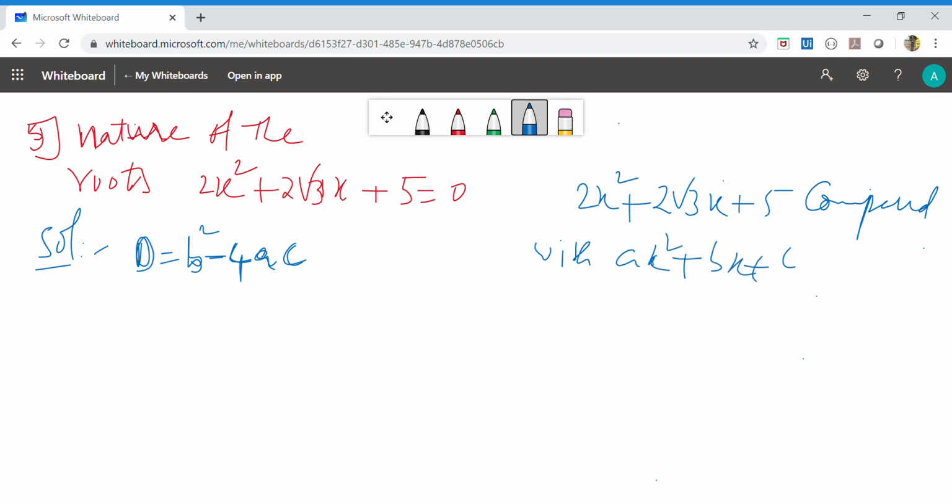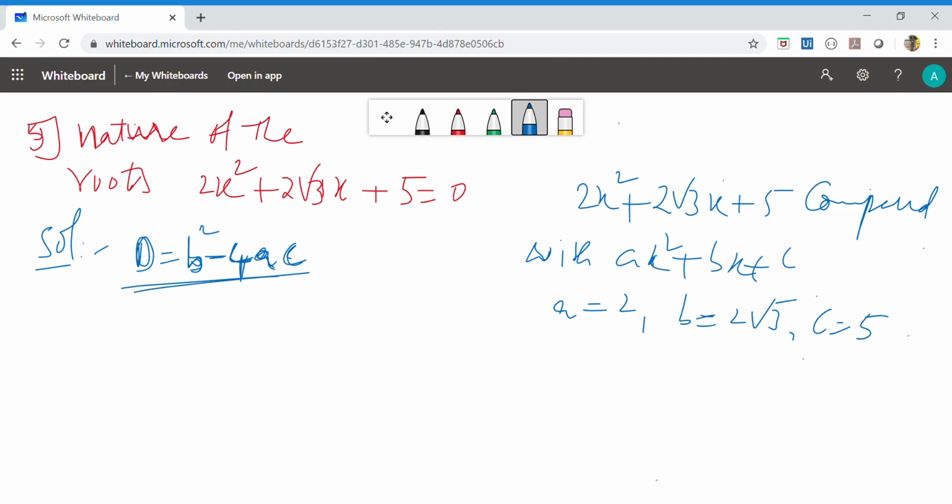Then the coefficients are: a is 2, b is 2 root 3 and c is 5. So these are the coefficients. Then b square minus 4ac in the coefficients is called the discriminant.